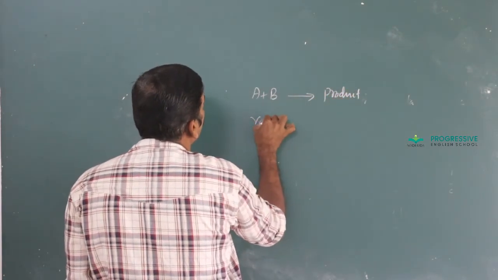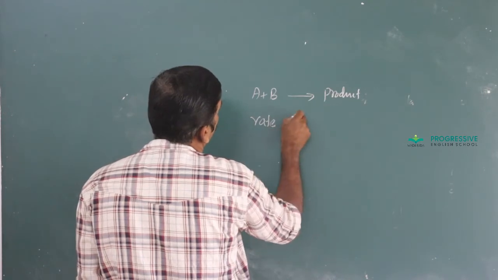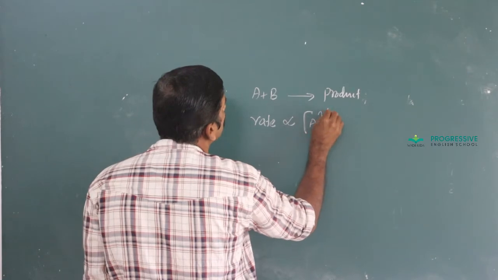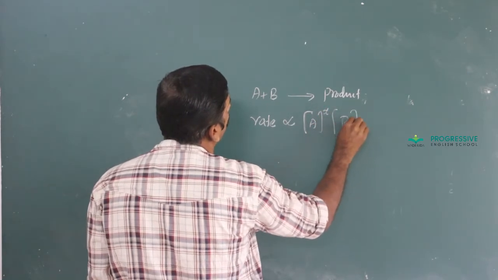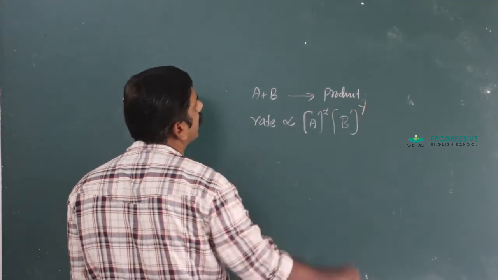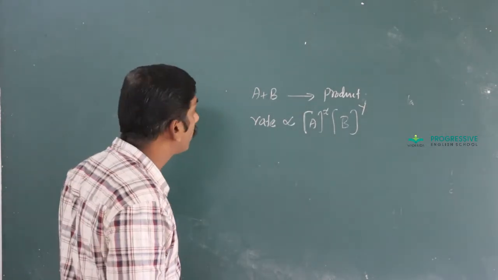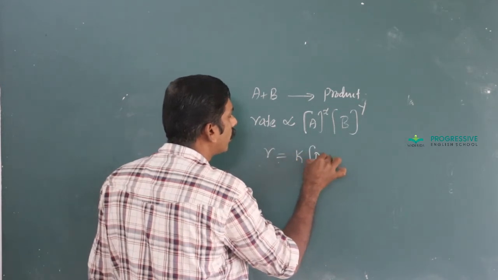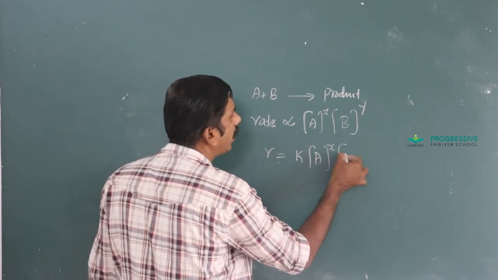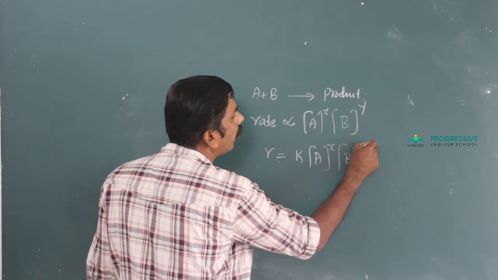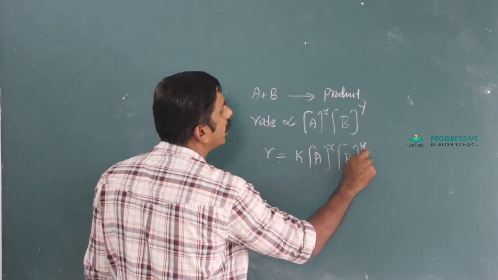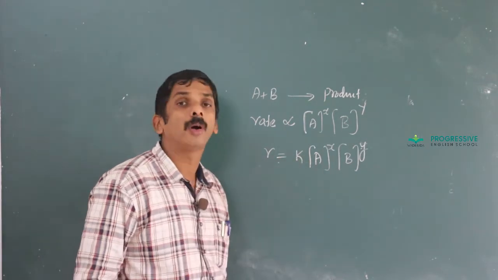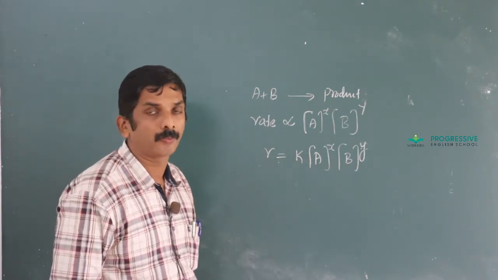The rate of a reaction is proportional to the molar concentration of A raised to X into the molar concentration of B raised to Y, or rate equals K into the molar concentration of A raised to X into the molar concentration of B raised to Y, where K is called the rate constant of a reaction.